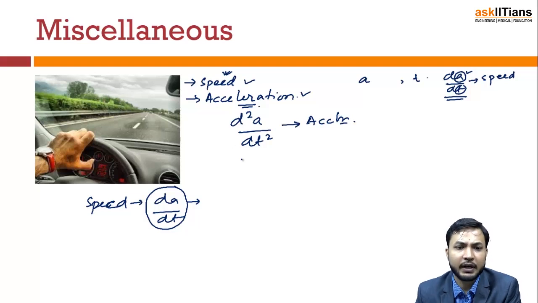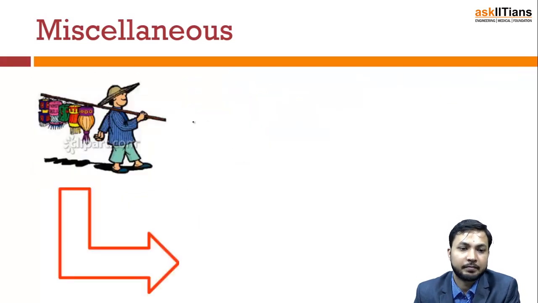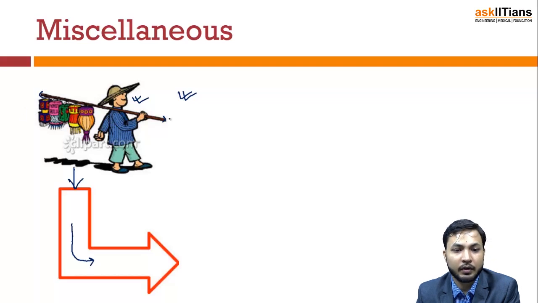Now let's move on to the next part. Let's say I have a guy who is carrying a rod like this and he is walking. You see his face, he's smiling, right? Now he has to go through a path like this. Let's say when he comes, he is about to make a turn over here. You see his rod, right?